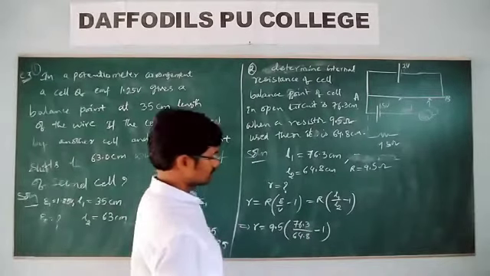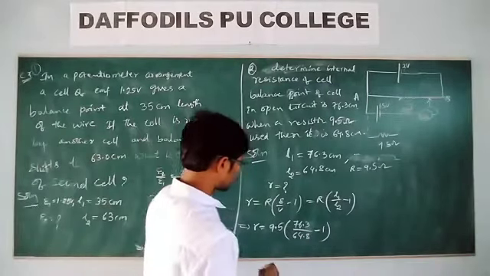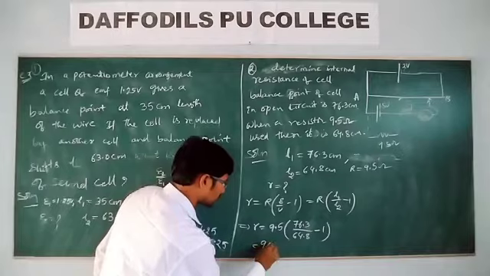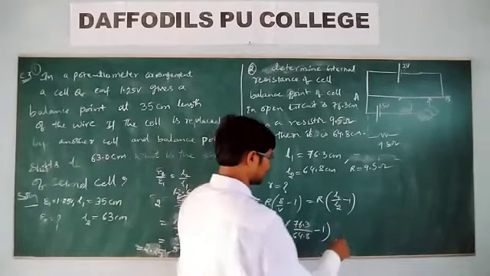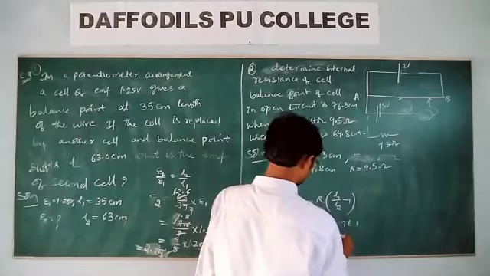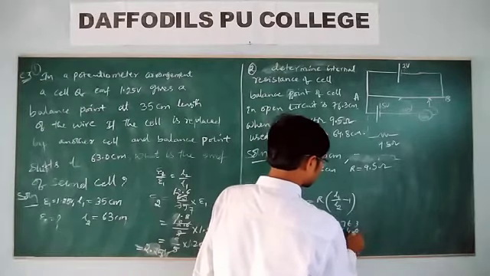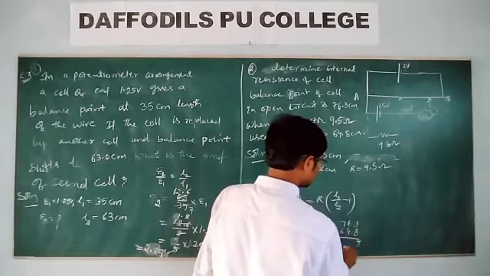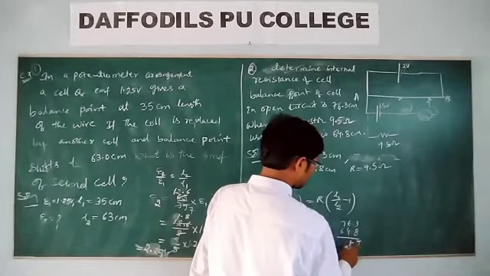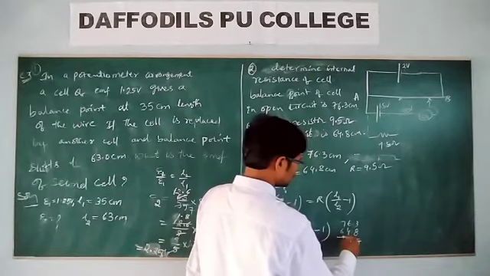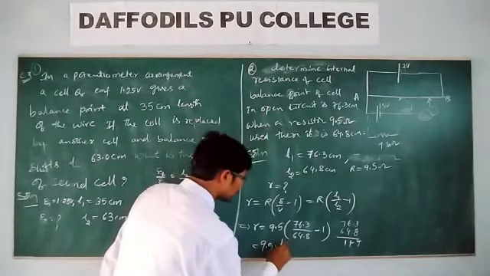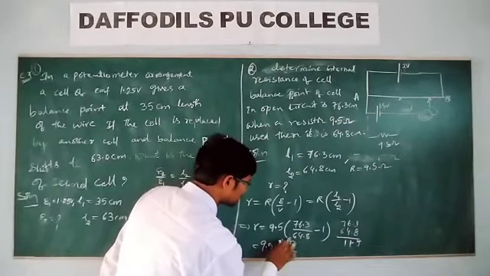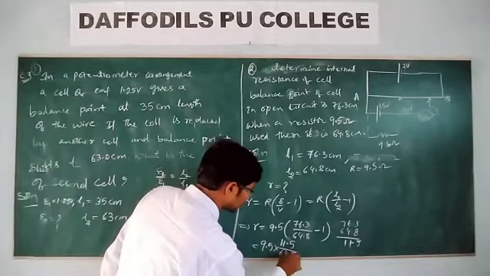To get this, do the calculation: 9.5 into (76.3 minus 64.8) by 64.8, which is 9.5 into 11.5 by 64.8.